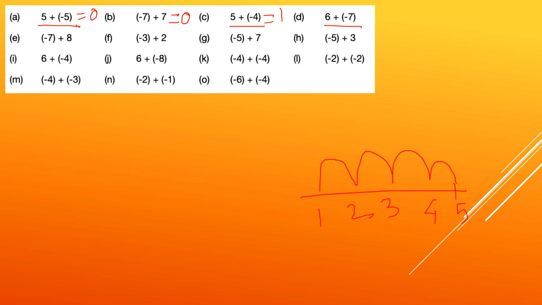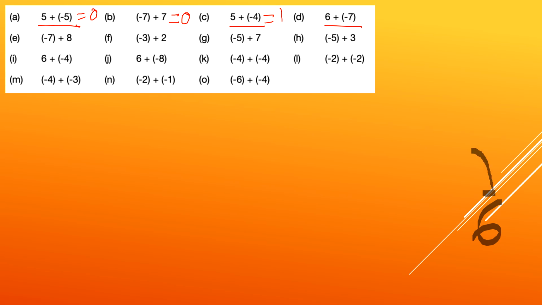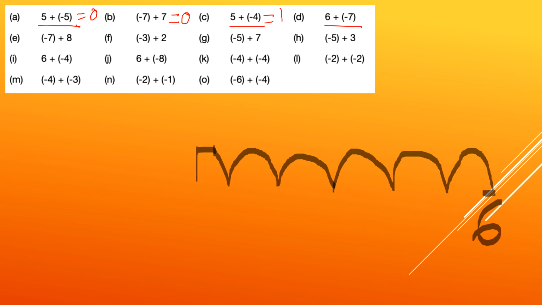What will happen if your question is like this? 6 plus minus 7. Let's check out. Same thing. You will start from 6. Let us say this is 6. Minus 7, you will be jumping from 6, 7 units to the left. 1, 2, 3, 4, 5, 6, and 7.